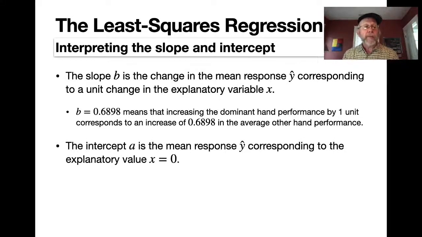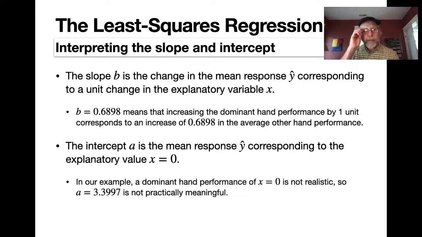What about the intercept? Well, like any line, the y-intercept is the y value corresponding to the x value of 0. So in a regression line, a, the y-intercept, would be the mean response corresponding to the explanatory value x equals 0. Now in our example, a dominant hand performance of x equals 0 is not really realistic.